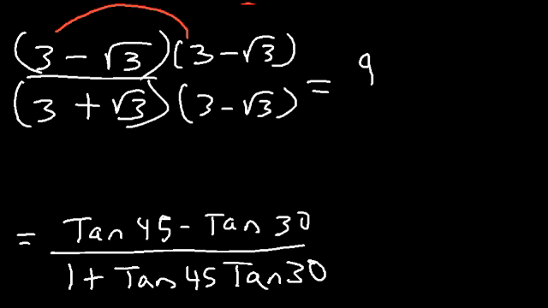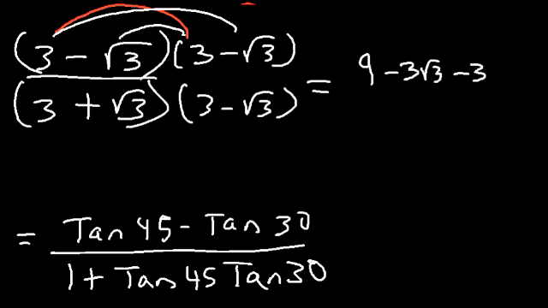And then we have 3 times negative root 3, which is negative 3 root 3. And then negative root 3 times 3, which is another negative 3 root 3. And then finally, negative root 3 times negative root 3 is positive 3. Root 3 times root 3 is the square root of 9, which is 3.